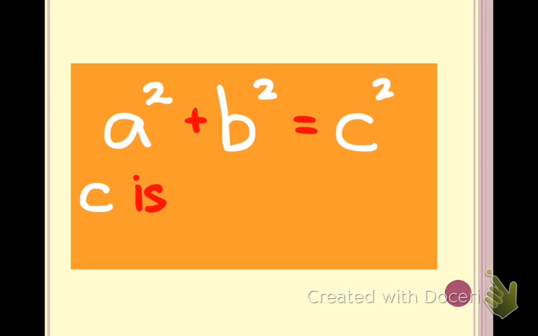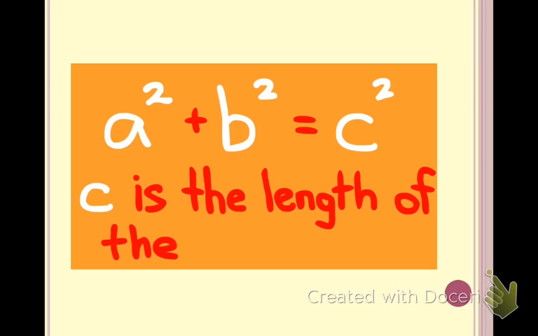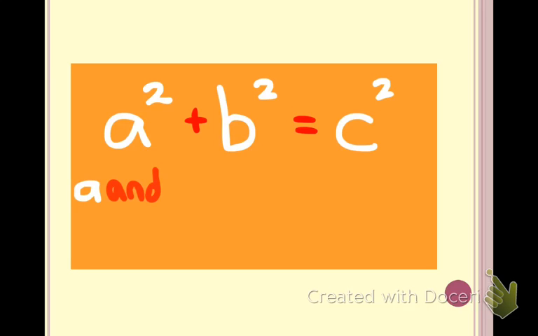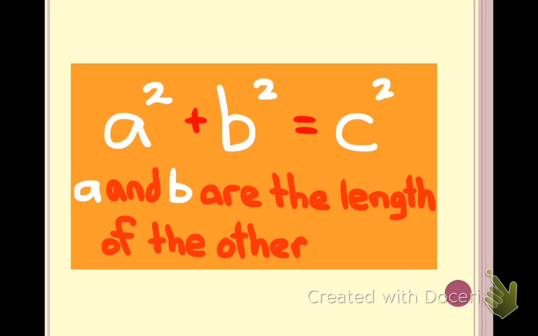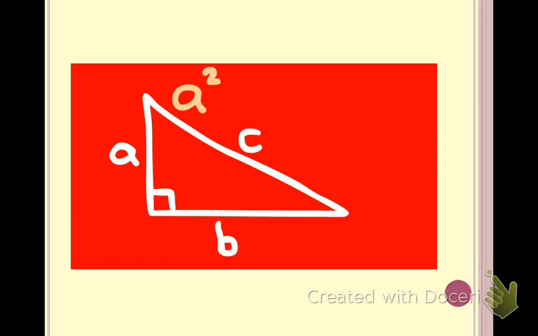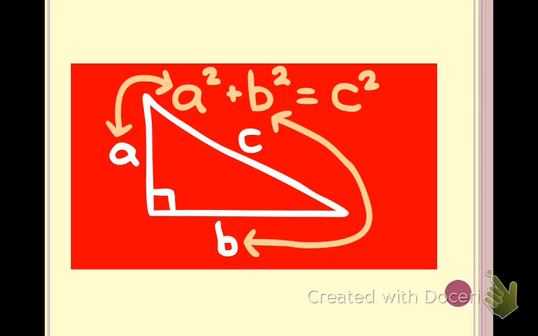Well, c is the length of the hypotenuse. A squared plus b squared equals c squared. Well, a and b are the length of the other sides. A squared plus b squared equals c squared. Well, c is the length of the hypotenuse. A squared plus b squared equals c squared. Well, a and b are the length of the other sides.